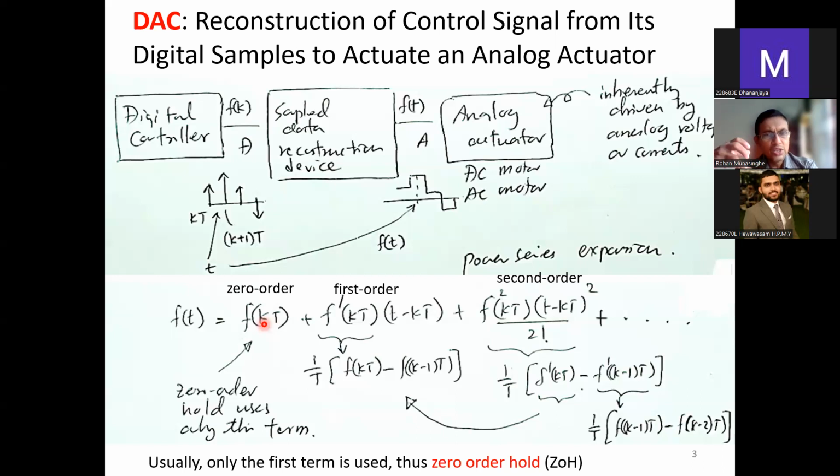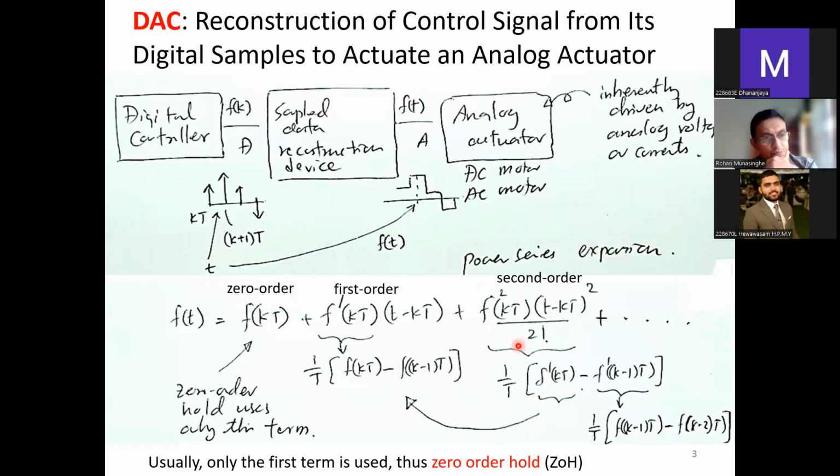That is how industrial engineers like to practice: don't make this too complicated with very complicated mathematics. Just stick to the first term. If you do that, your digital to analog converter is simply a zero order hold circuit. You don't have the higher order terms.